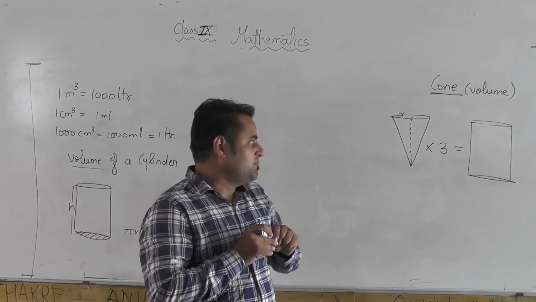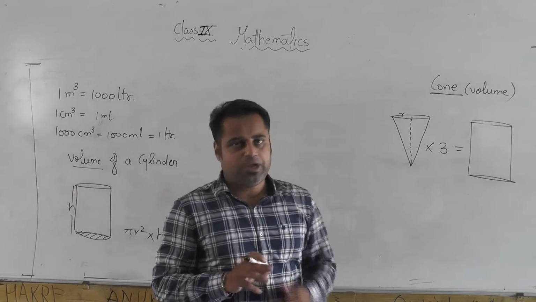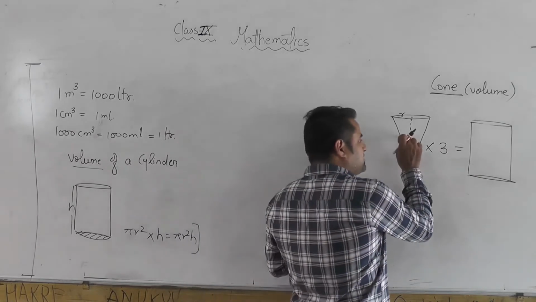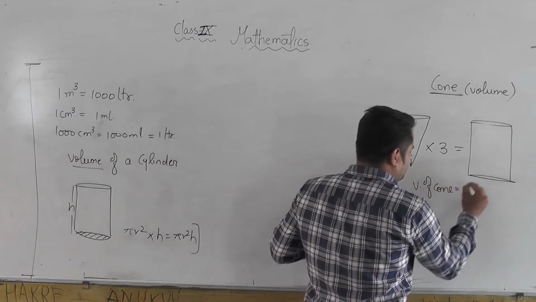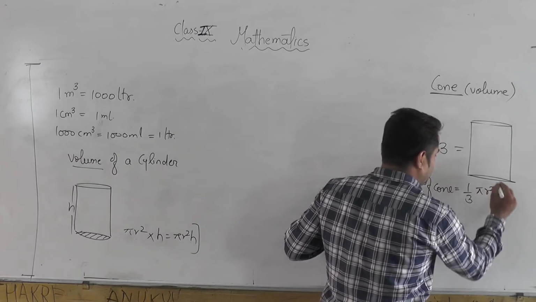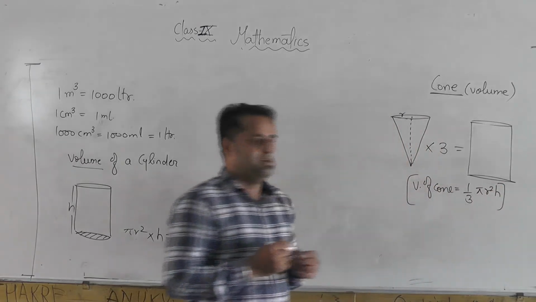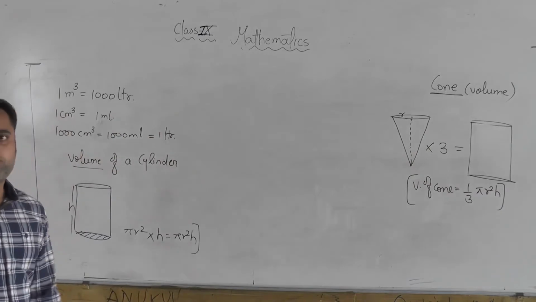So the cylindrical volume is 3 times the volume of the cone. That's why the volume of a cone is 1/3 of the volume of the cylinder, and the volume of the cylinder we all know is pi r square h. So the volume of the cone is 1/3 pi r square h.